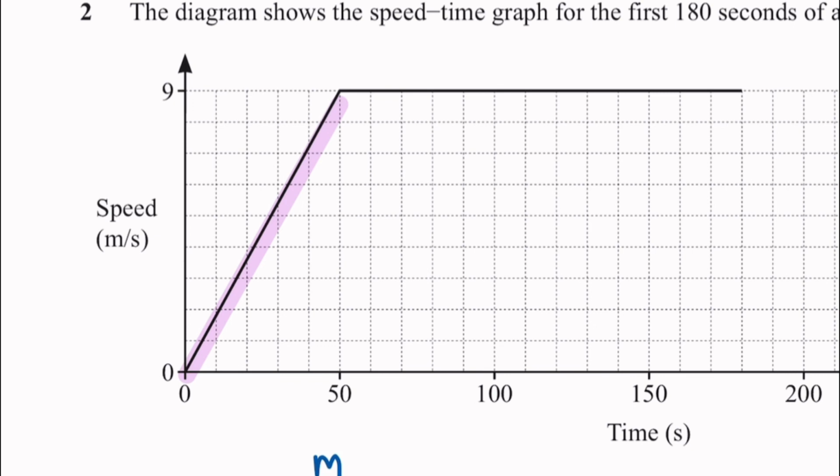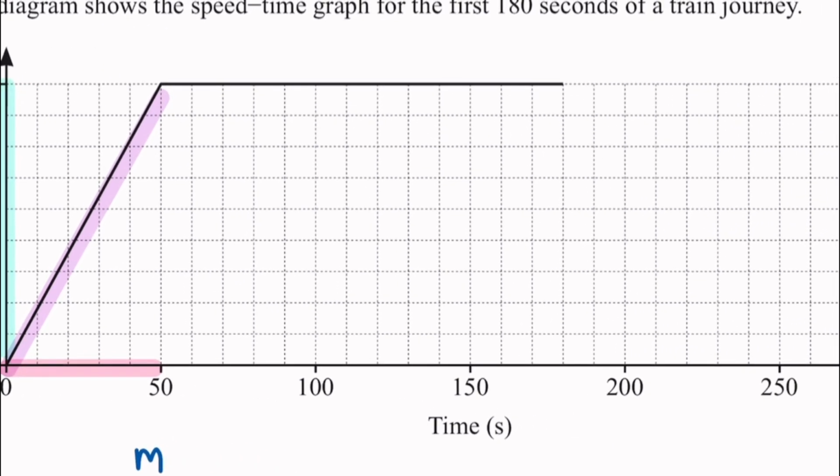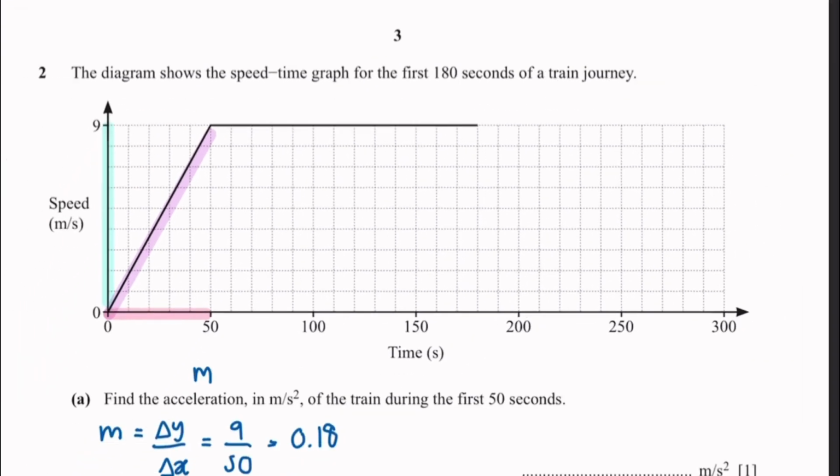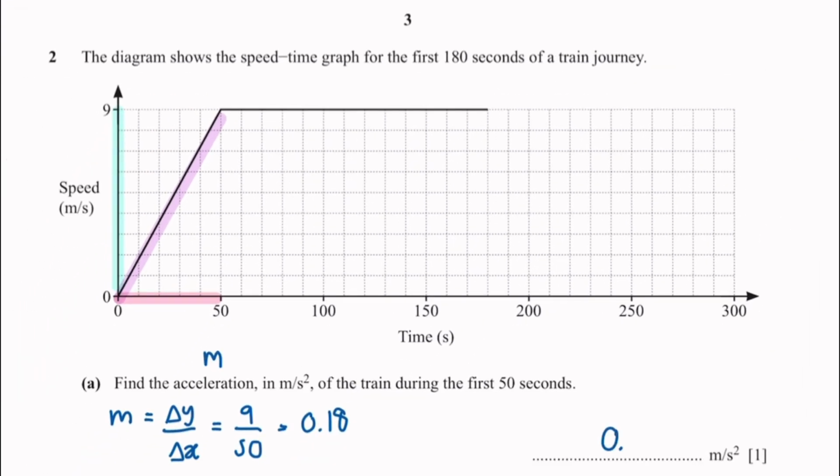So this delta y is 9 over the delta x is 50. It equals 0.18. So this is your answer.